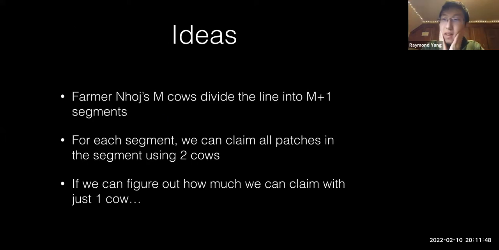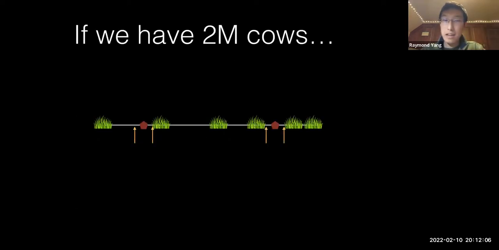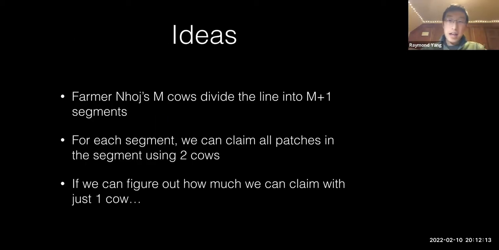Okay, so that gives us some ideas. First of all, the m cows belonging to Farmer Nodge divide the number line into m+1 segments, right? So back here, when they had 2 cows, we have 3 segments. And for each segment, we can claim all the patches in that segment using just 2 cows.